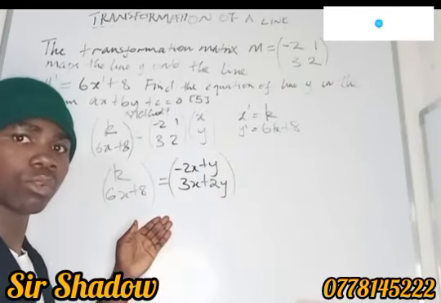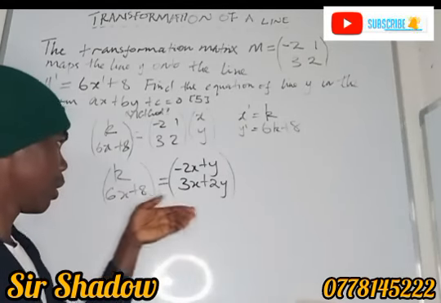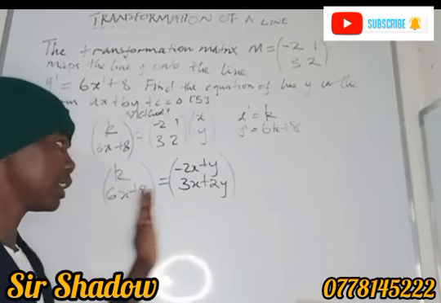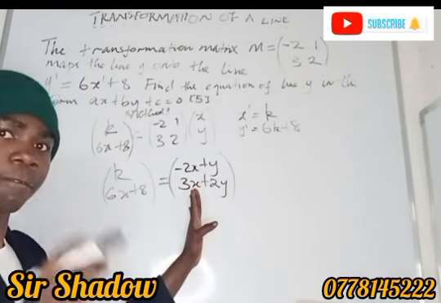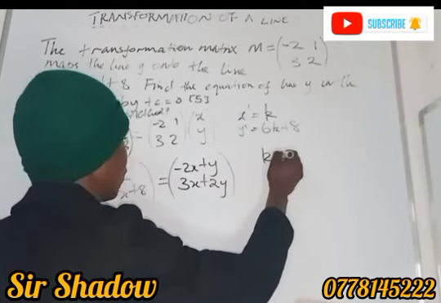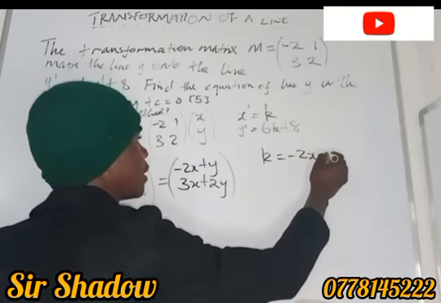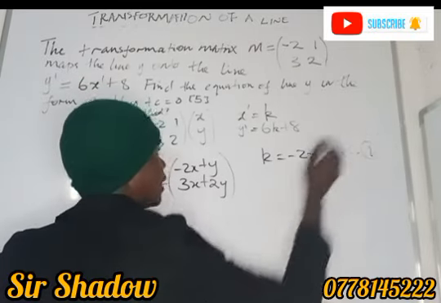Since we have these two equations, this equation is equal to this equation. Let's now equate them. The first equation we have k equals minus 2x plus y. We call it equation number 1.